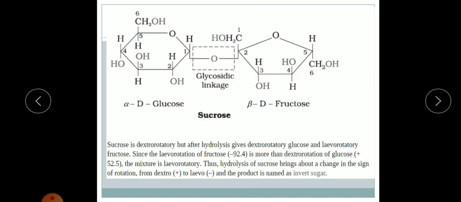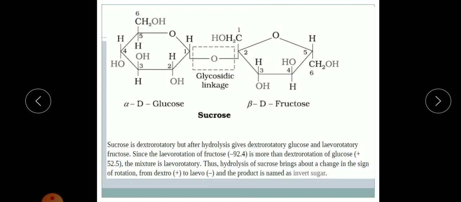Now, the formation of sucrose, you can see over here, this is the alpha D glucose, the cyclic structure of alpha D glucose. Now, in a similar way as we have seen for glucose, if you try to draw the cyclic fructose structure, it will be only a 5-membered ring, and that will look like a furan. Okay, this is pyranose structure, this is furan having a 5-membered ring.